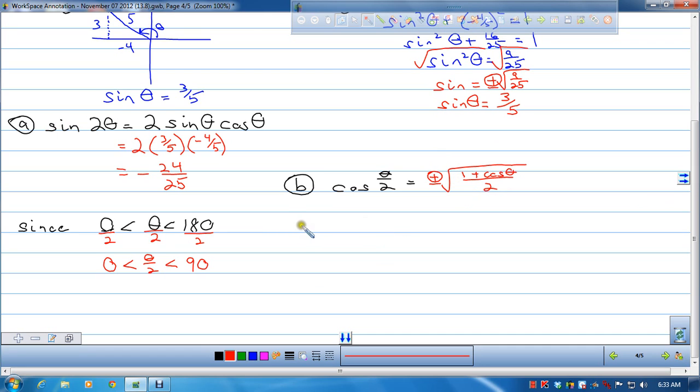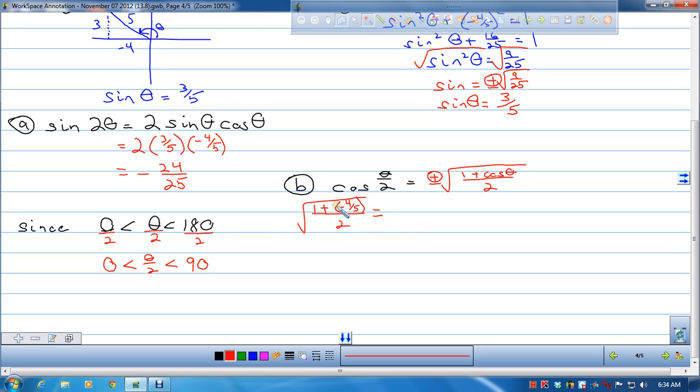Now let's go ahead and tackle it. So I'm going to have 1 plus the cosine of theta, which was -4/5, and that's over 2. So combine my numerator.